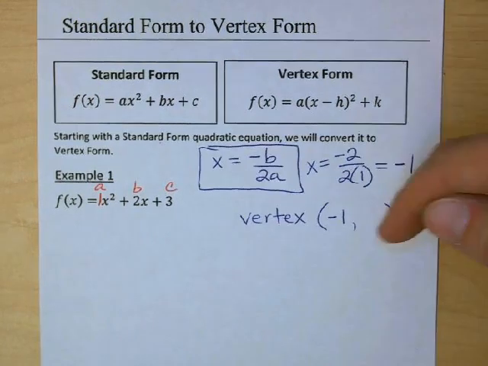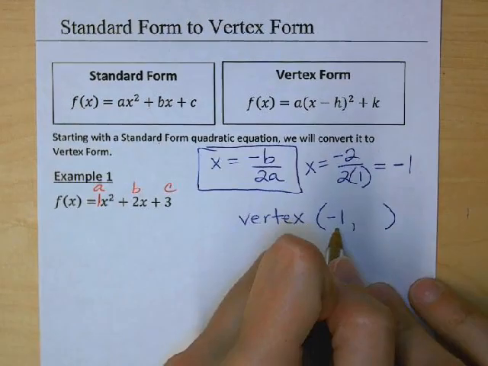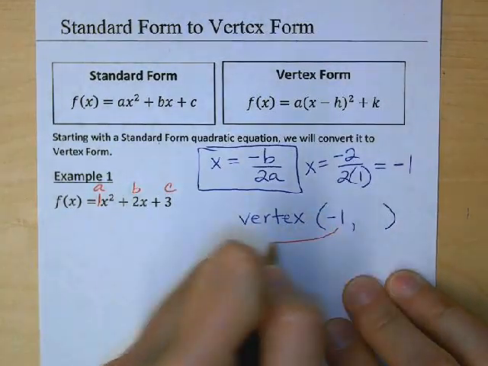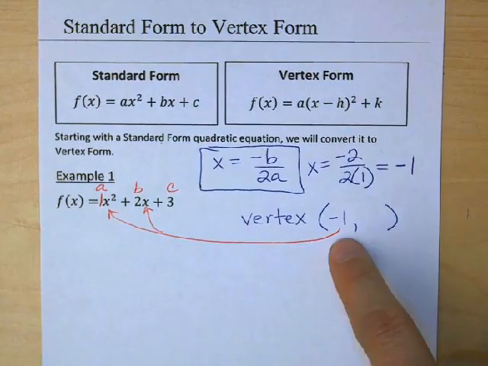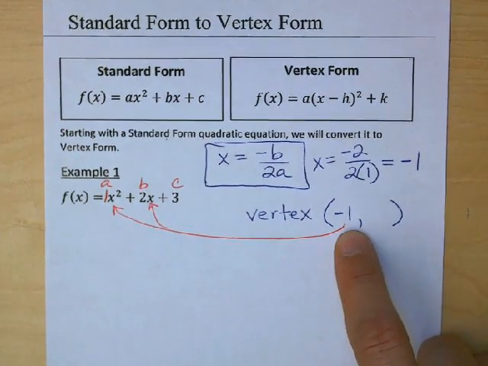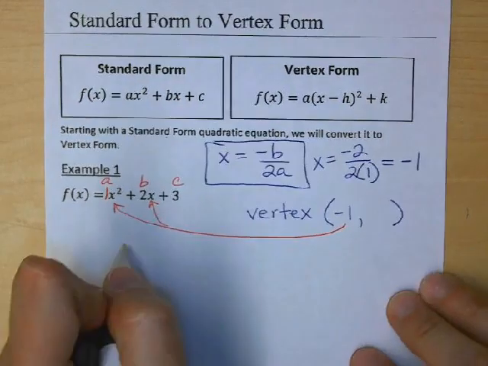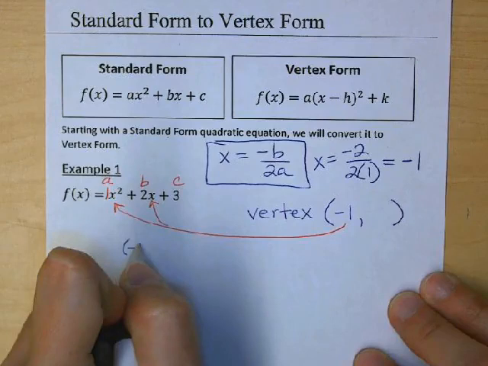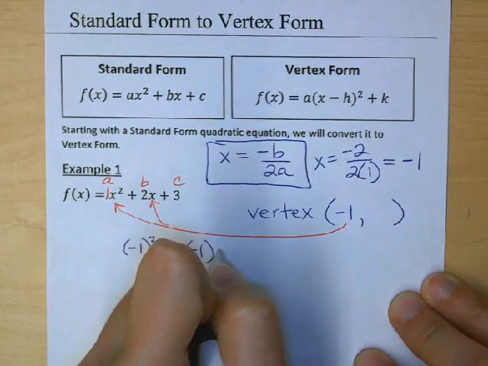Now, how do you find the number that goes with that? Well, you got to take this negative 1 and plug it in over here, don't you? You need a calculator. Okay, guys? Same as how you just did the graphing worksheet. Take this number and plug it in over here. You're going to go negative 1 squared, and then 2 times negative 1 plus 3.